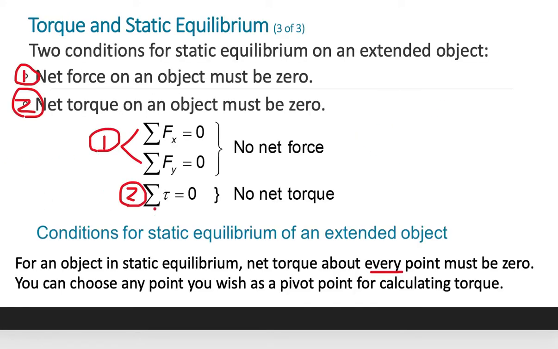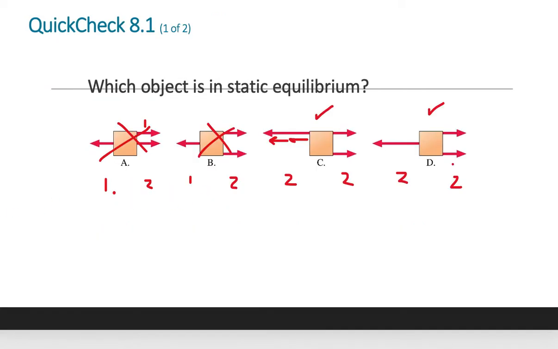We have to enact the second condition, which is the sum of the torques must be equal to 0. We need to choose a pivot point. We're going to choose the center of the block as our pivot point. So you want to find the net torque. What will cause the twist? Well, you want to find R and F perpendicular.